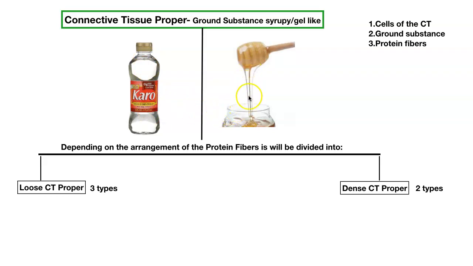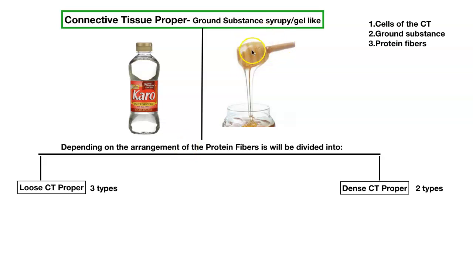It's kind of like honey too, that thickness, the consistency of honey. It's not watery. It's more of this syrupy consistency. So when we're dealing with connective tissue proper, always have it in your head: the ground substance is gel-like. It's syrupy.